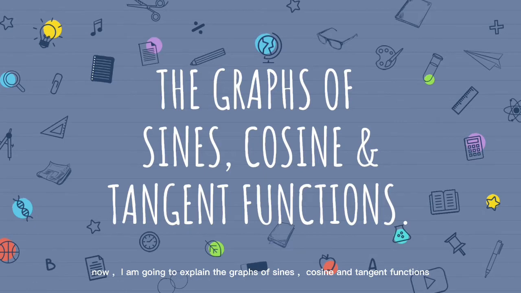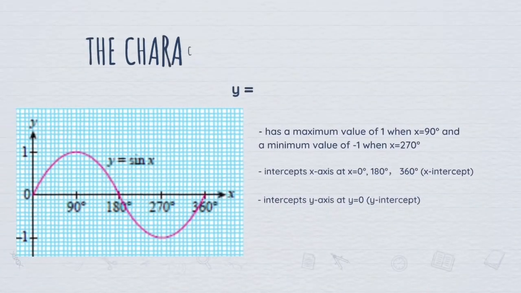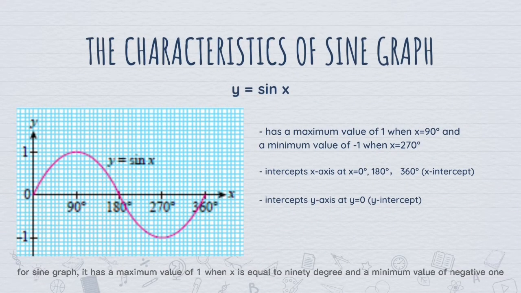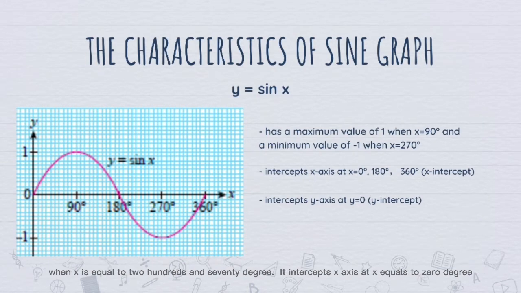Now, I'm going to explain the graphs of sine, cosine and tangent functions. For a sine graph, it has a maximum value of 1 when x is equal to 90 degrees and a minimum value of -1 when x is equal to 270 degrees.